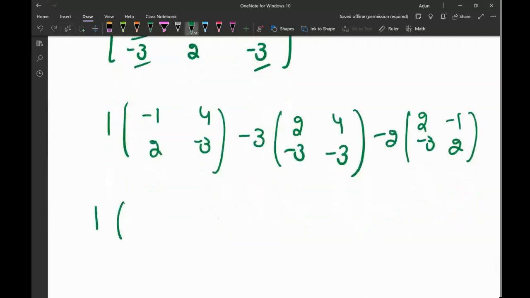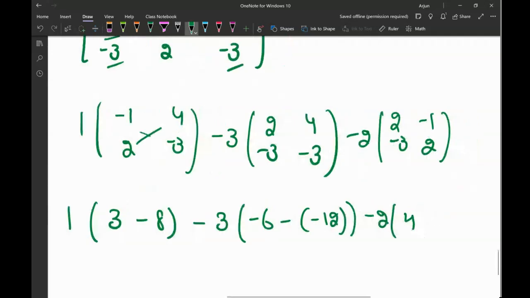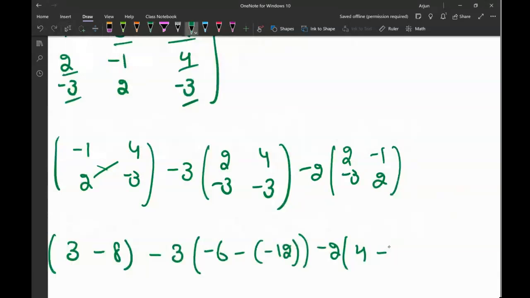So 1 times this is 3, and this will be 4 times 2 is minus 8, and then minus 3, and then 3 times 2 is minus 6, and then here it will be minus 12. And then minus 2, this will be 2 times 2 is 4, and then the next term, minus minus plus, so again there will be a minus, and this will be 3 because minus 3 times 1 is plus 3.